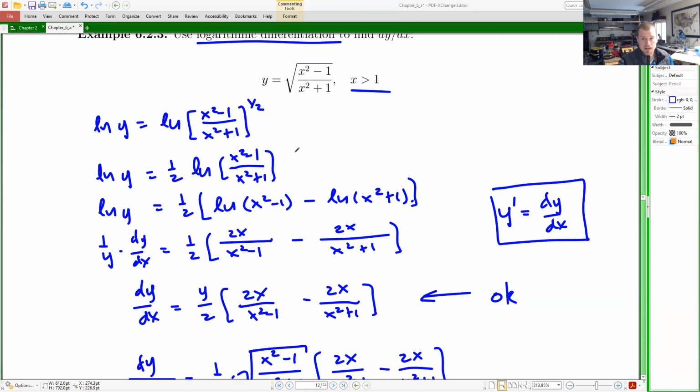I could certainly define the domain of this function to be all values greater than 1,000, in which case that's what I've designated. The natural domain would include 1 and -1, which would give us 0, which would mean we can't use logarithmic differentiation. So this is here to tell us we can do this.